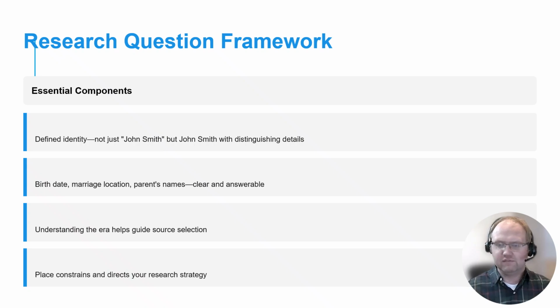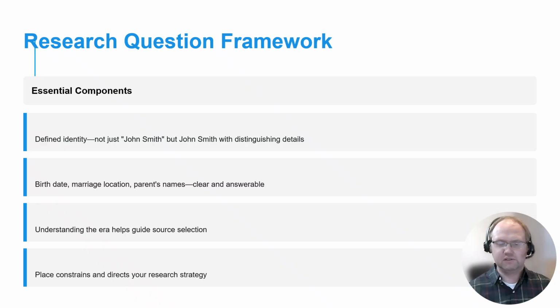Component 4, geographic limitations. Place is really important. It constrains research, and it will direct your strategy. So, if somebody's in New York, record keeping is different than another part of the country. Is it across the ocean? Say it's in Sweden, for instance. Different records, different archives. Things are kept in different languages.